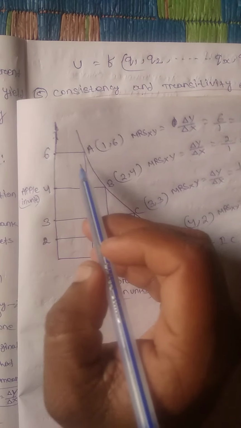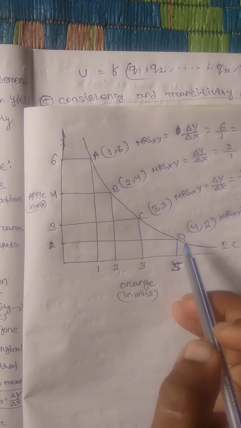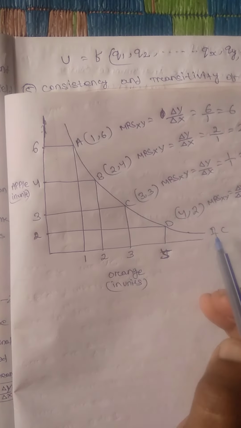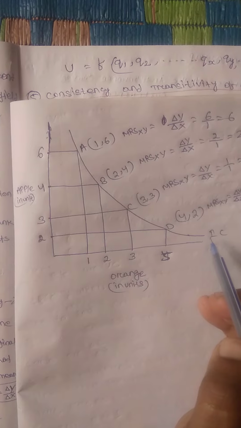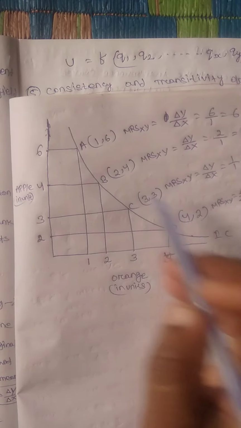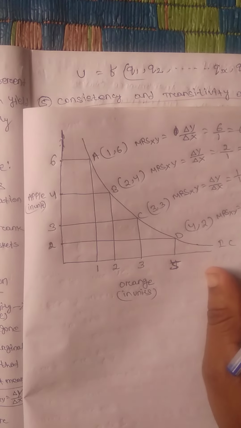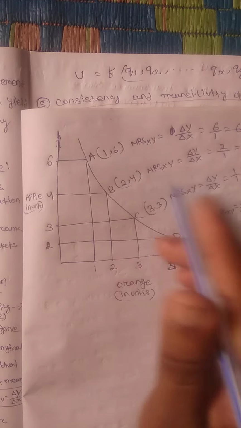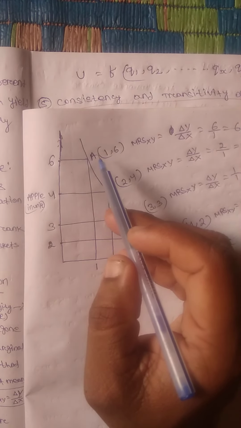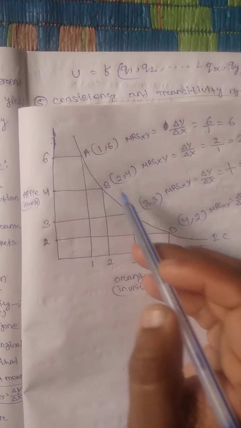These points A, B, C, D are the locus points of the indifference curve. On every point of this indifference curve, A, B, C, D, the consumer is getting the same level of satisfaction.